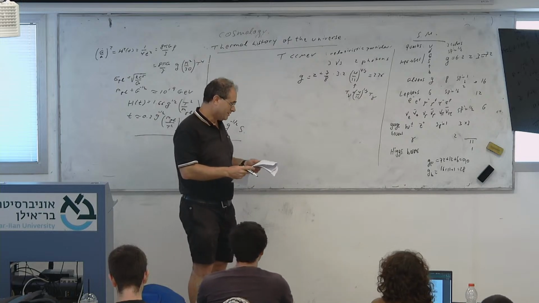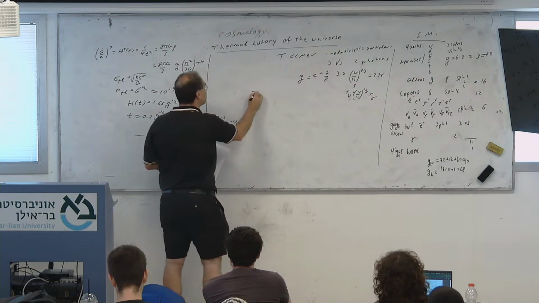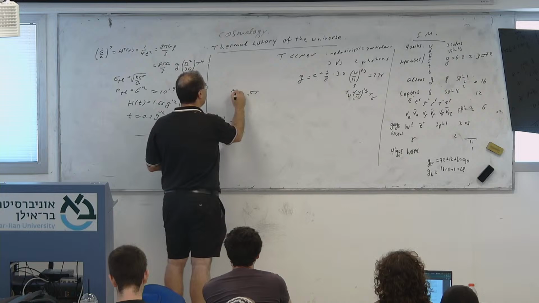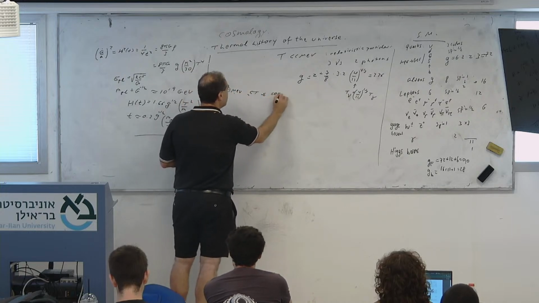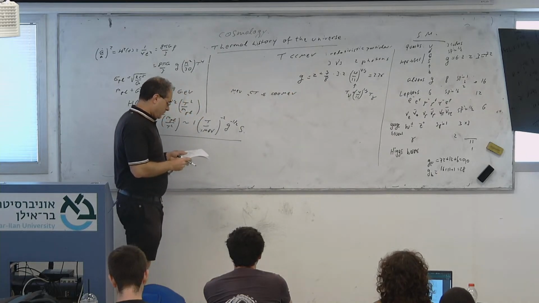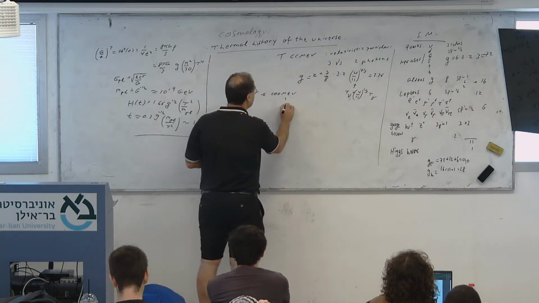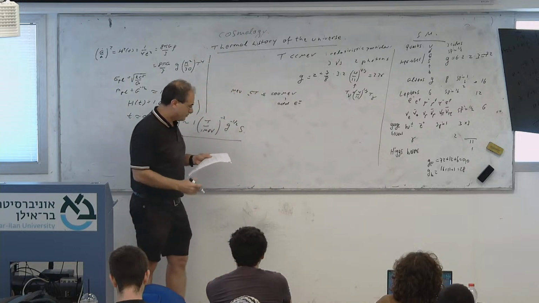I hope. Now, if the temperature is higher, at earlier times, let's say much higher than an MeV and much less than a GeV, or 100 MeV, right? So now we also have electrons and positrons, and they are relativistic particles.